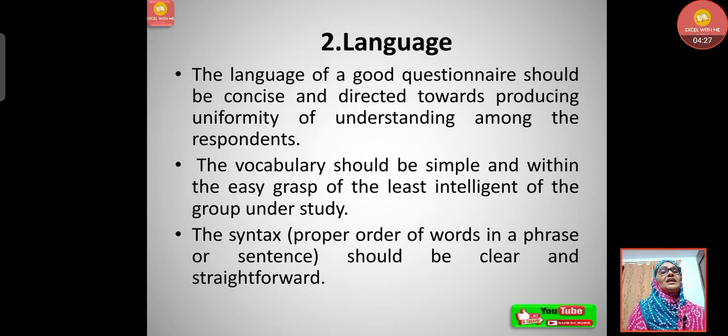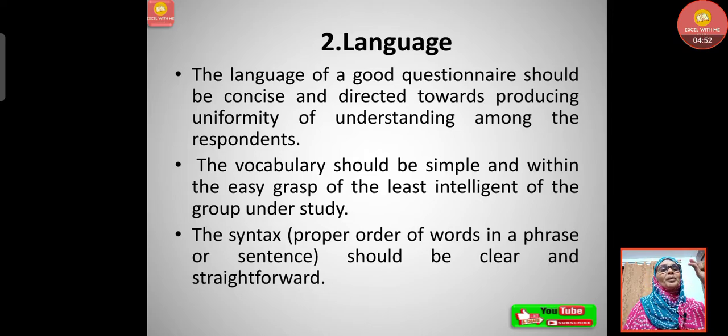Now, secondly, language. The language of a good questionnaire should be concise and directed towards producing uniformity of understanding among the respondents. Obviously, the language should be concise and not vague. The respondent should not get bored reading big questions.